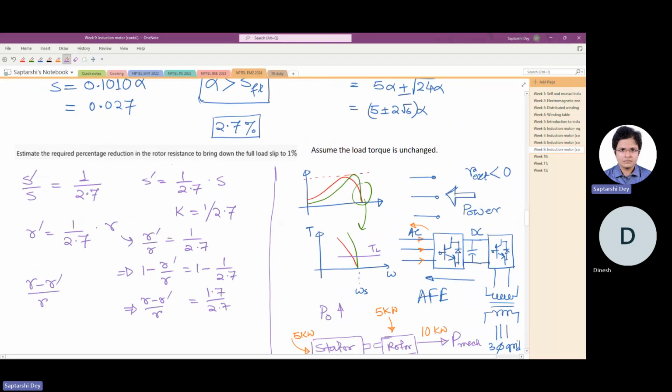So obviously with respect to what we already had, so 1.7 by 2.7, this should give some 0.63, that is 63%.